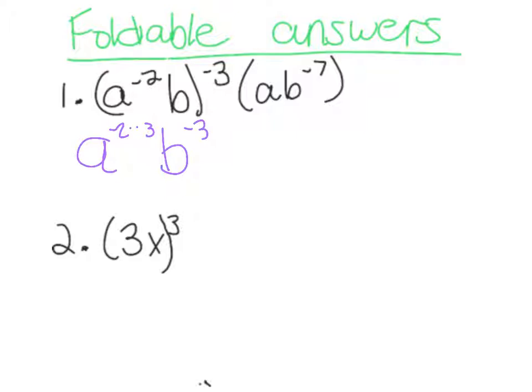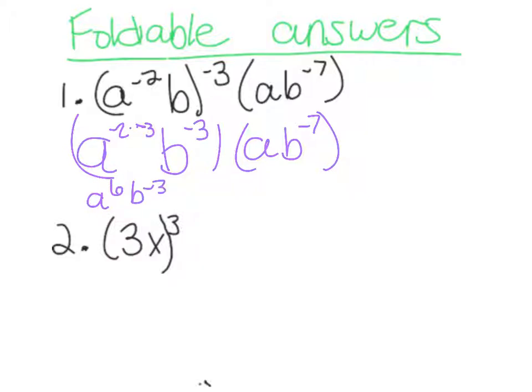And this is still a times b to the -7th. So I have -2 times a -3. It gives me a +6. So this is really a to the 6th, b to the -3.